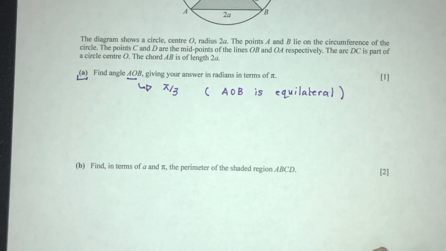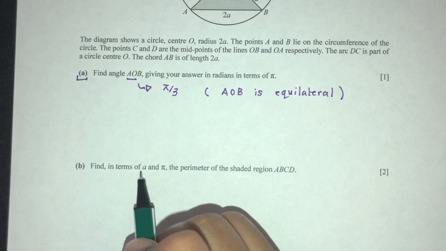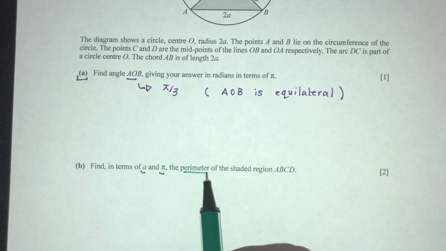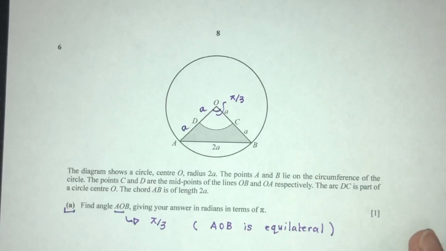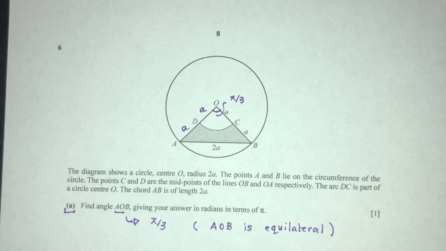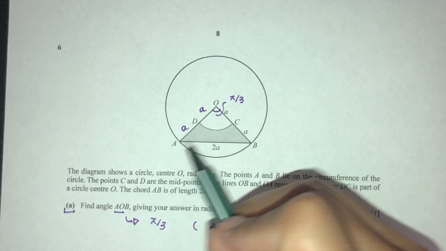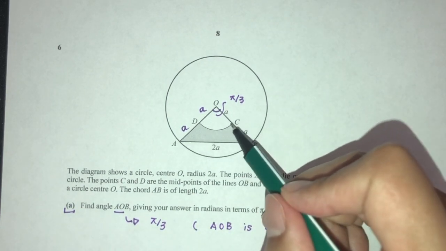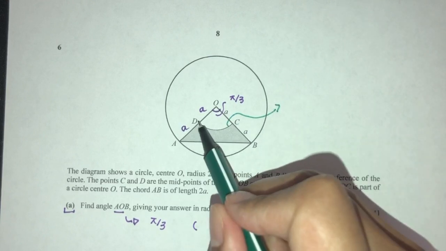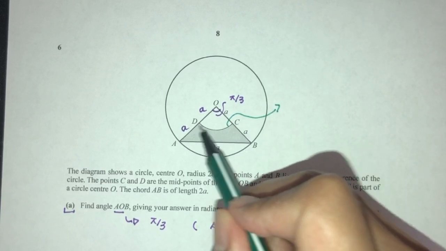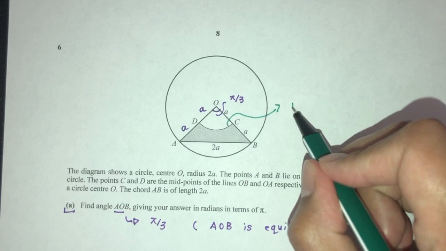Now for part B, find in terms of a and pi the perimeter of the region. So how would you find the distance around this region? I guess pretty easy, right? We have to find this distance. That will be the length of arc, right? That will be r times theta.